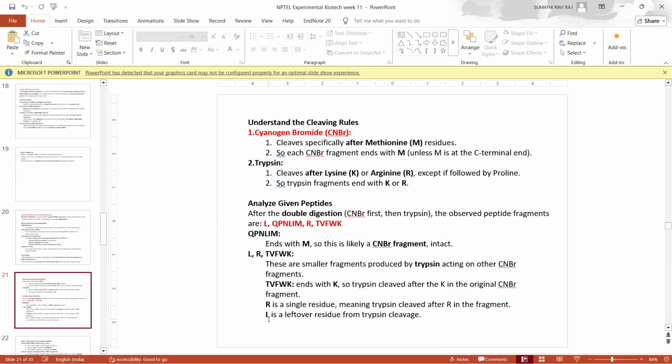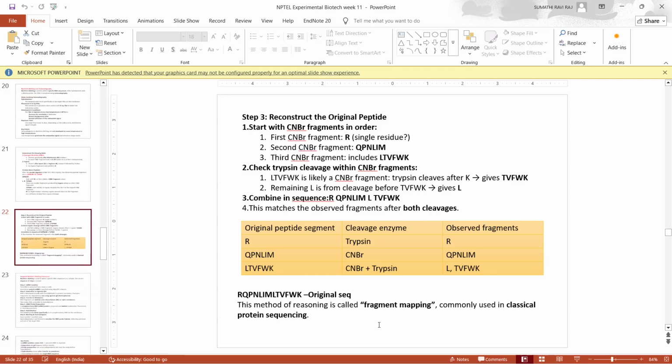Then we have L, that is a leftover after the trypsin cleavage. So there can be different ways you can interpret it.